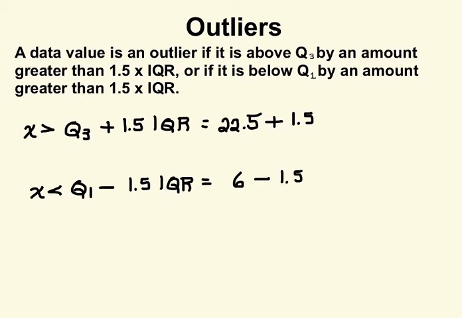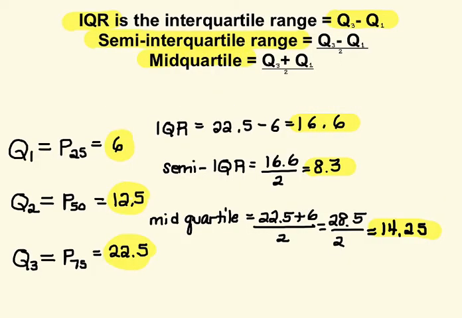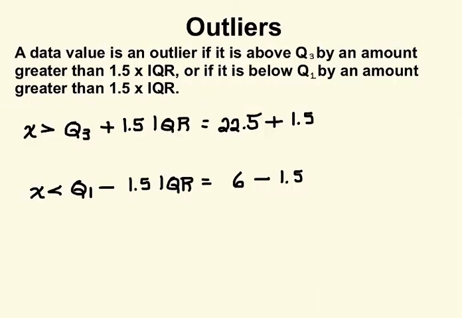Let's get our interquartile range by going back to the interquartile range calculation. And our interquartile range is right here. It is 16.6. That's Q3 minus Q1. Let me double check that. 16.6, yeah.